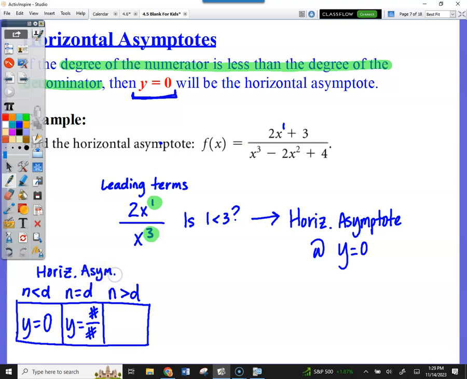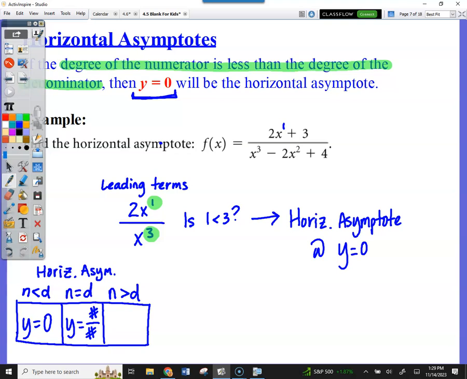We covered the scenario when the numerator is less than the denominator. We only practiced it one time because you just check it and that's the end. It's y equals 0 every time. It never changes.